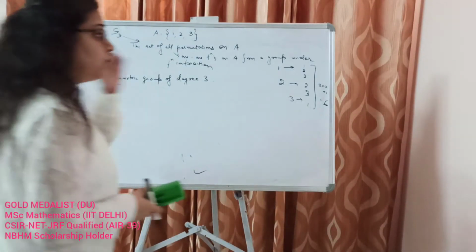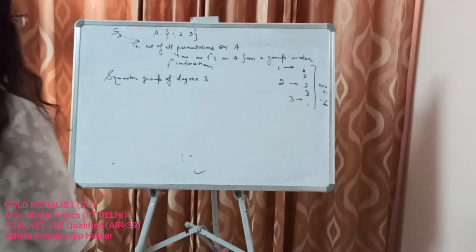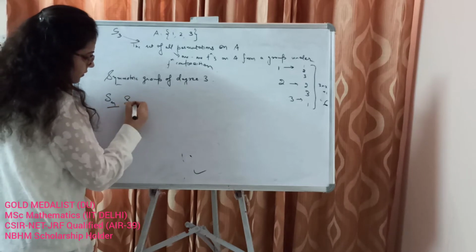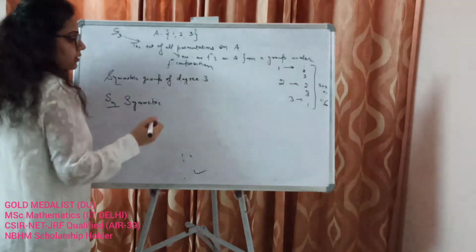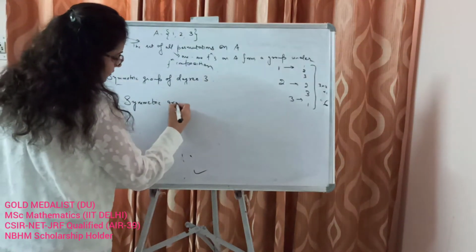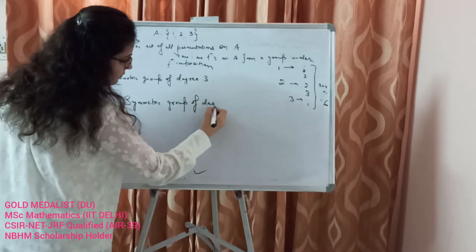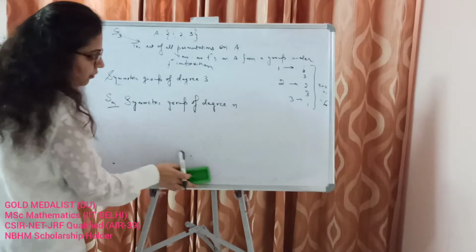The way we found the order of S3, similarly we'll find the order of Sn. This is called the symmetric group of degree n.